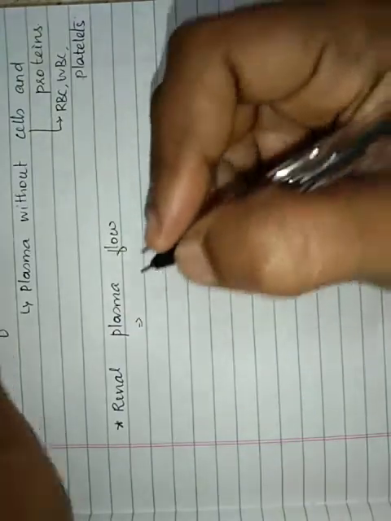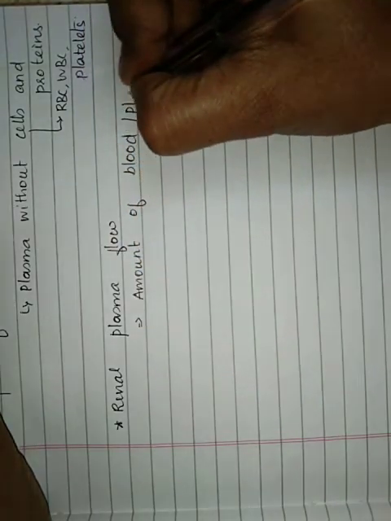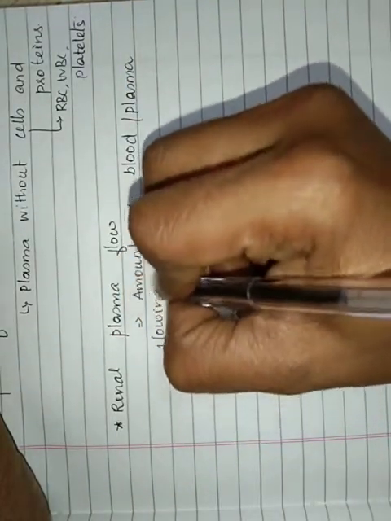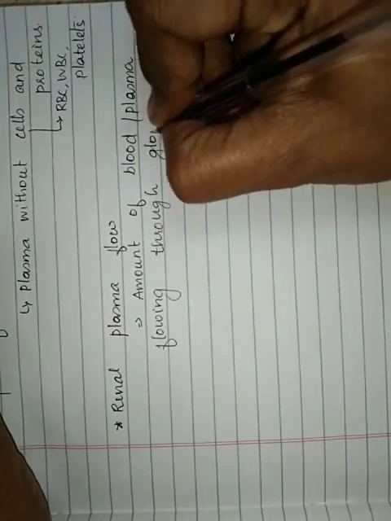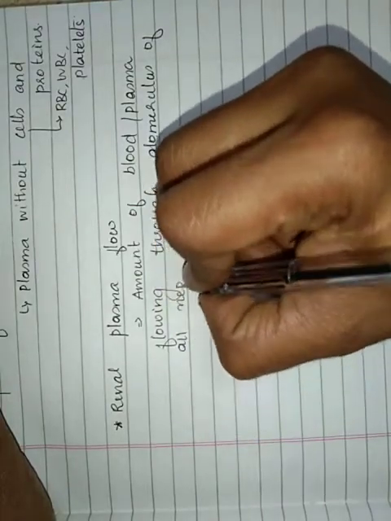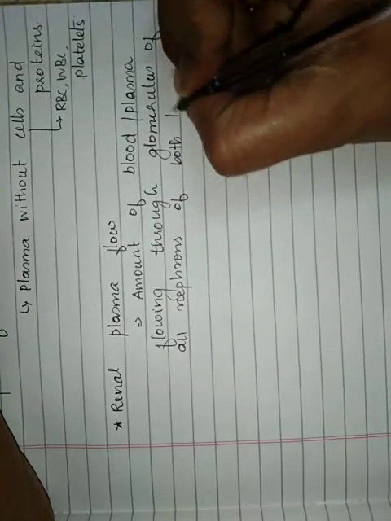Renal plasma flow அப்படின்னா என்ன அப்படின்னா it is the amount of blood or plasma flowing through glomerulus of all nephrons of both the kidneys.